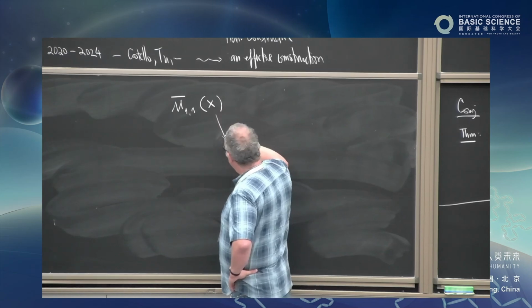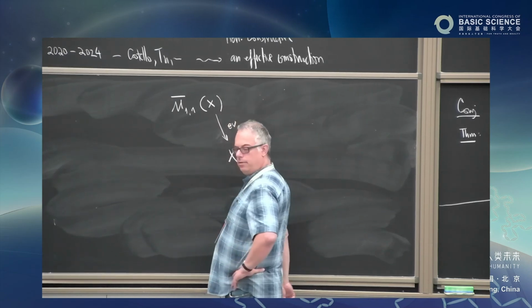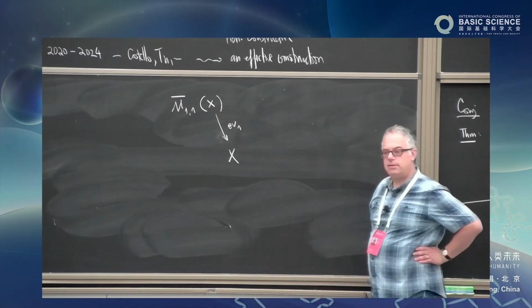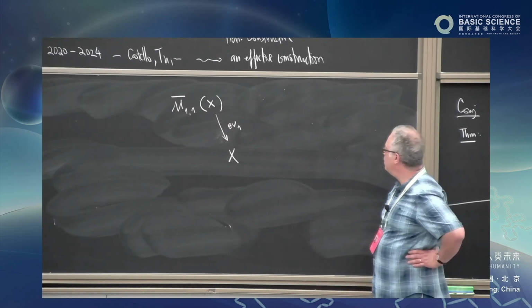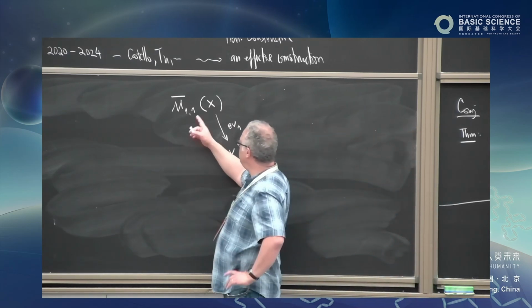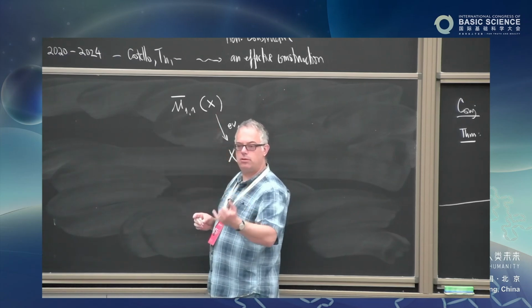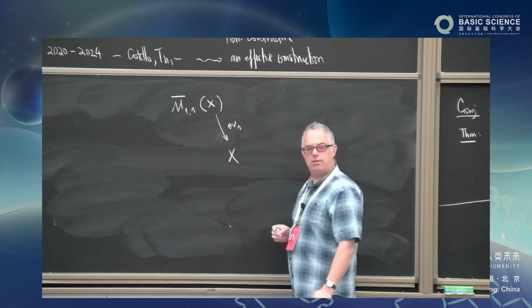And as such, it has an evaluation map to X, which is simply: somebody gives you a map from a curve with a point on it to X, and you evaluate the map at that point.